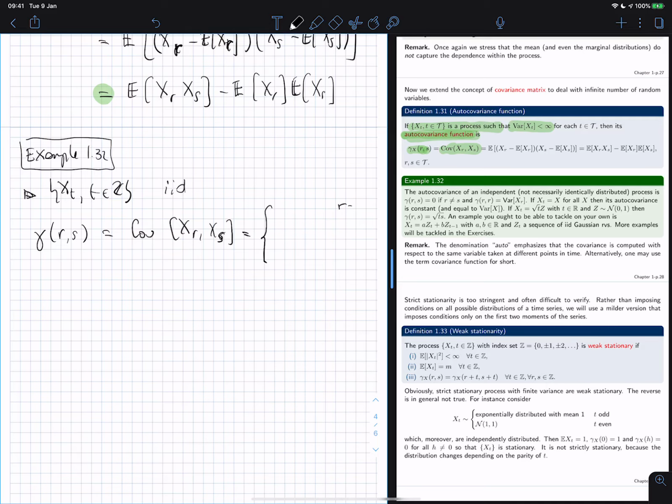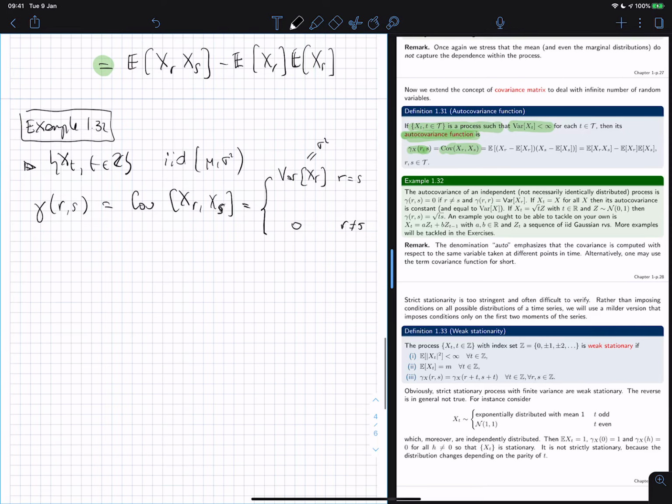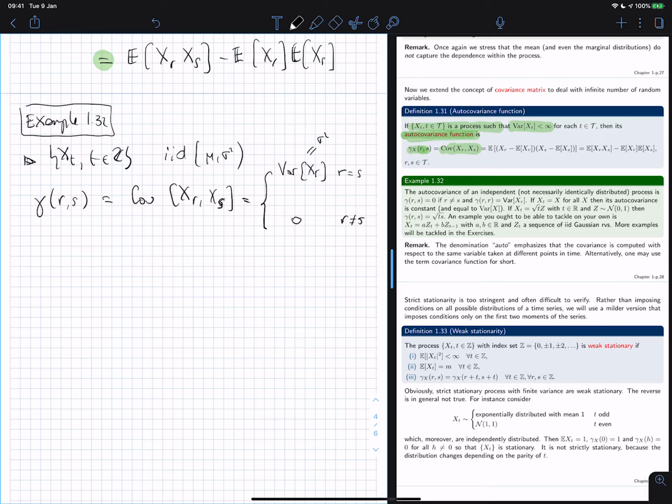If r is equal to s, then that's just the variance of X_r, which is some sigma squared. And if r is different from s, then it's just 0. That's okay for everybody? Yes. Okay.